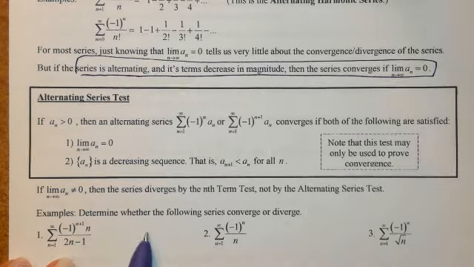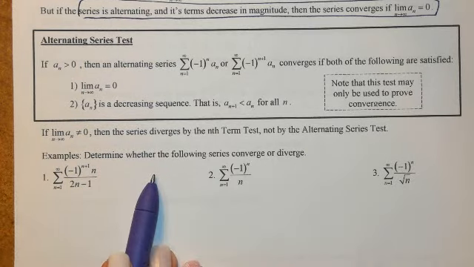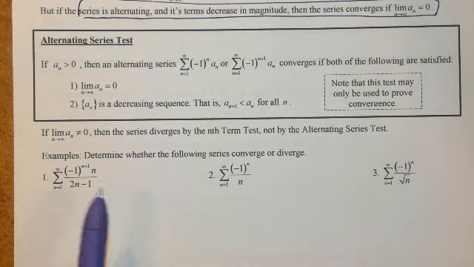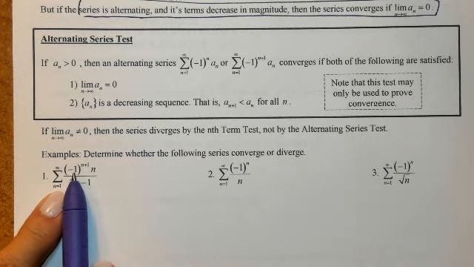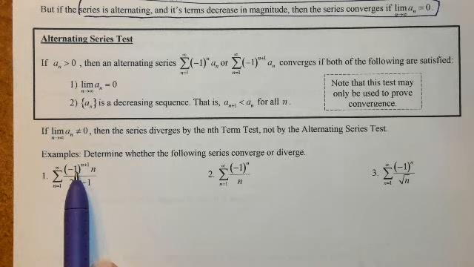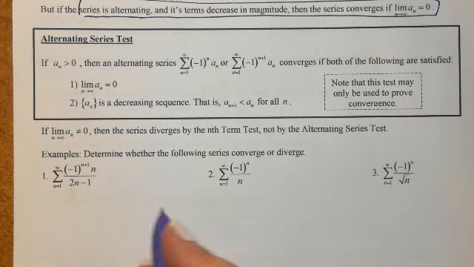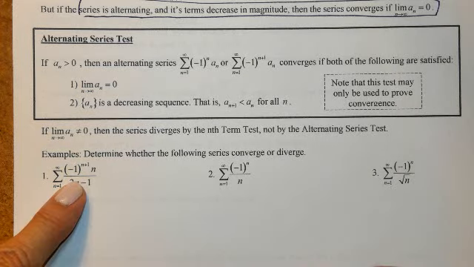All right. Let's do some examples. Here we have a series. It is indeed alternating. I know it's alternating because of that n+1 exponent on the -1. So it is alternating. That's the first thing I check. So if it's alternating, let's use the alternating series test.